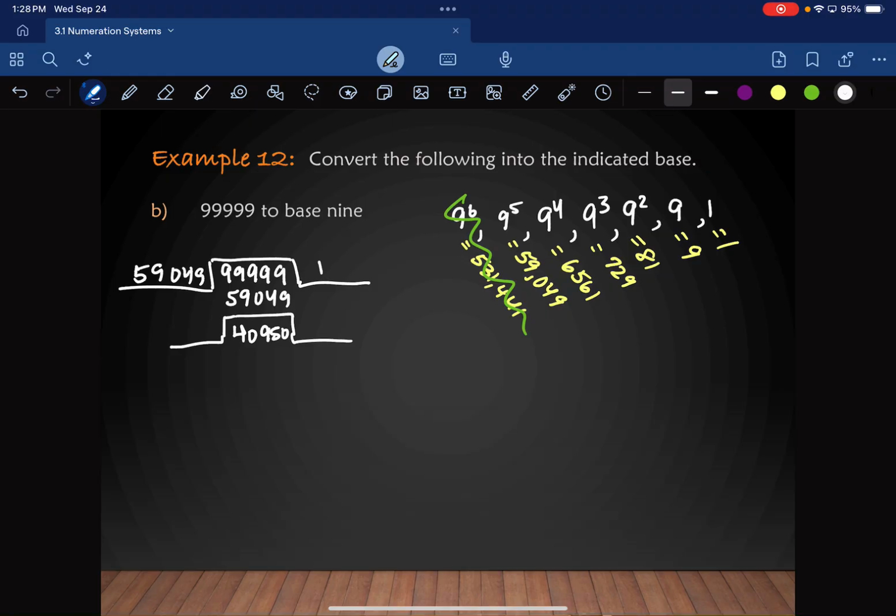Cool. Moving our way down, we're going to do 6,561. So how many 6,561s are there in 40,950? 6. And what is 6 times 6,561? 39,366.